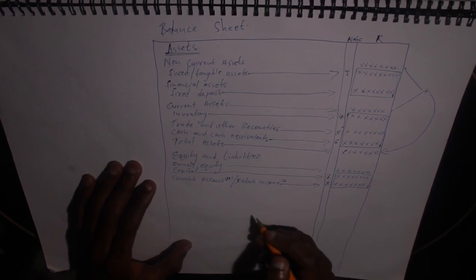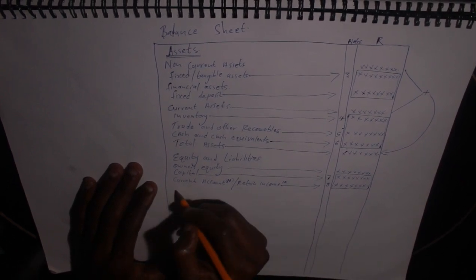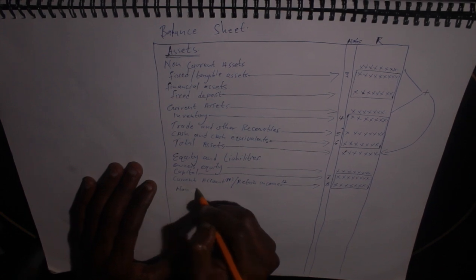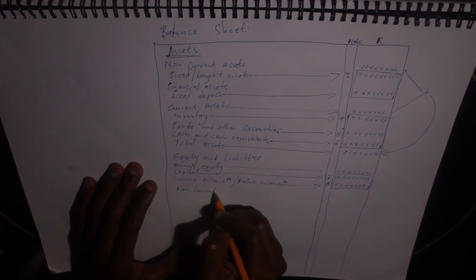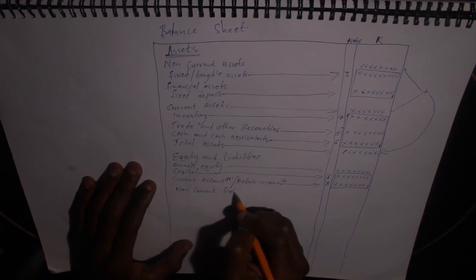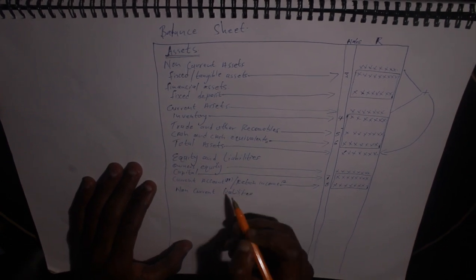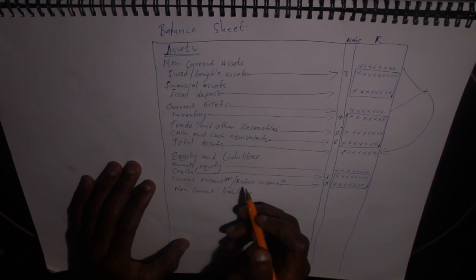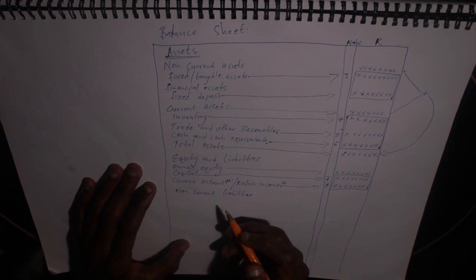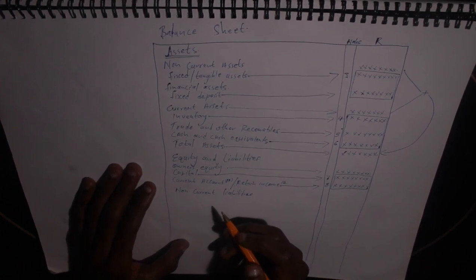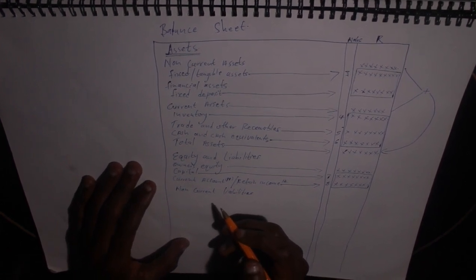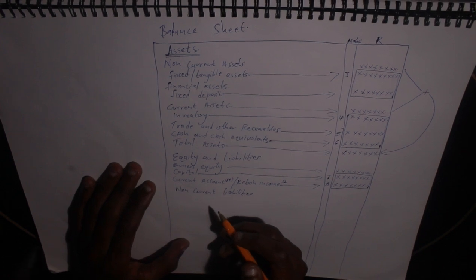Now, the next part is non-current liabilities. Non-current liabilities, here we have your long-term liabilities. These are your long-term loans, long-term debts.